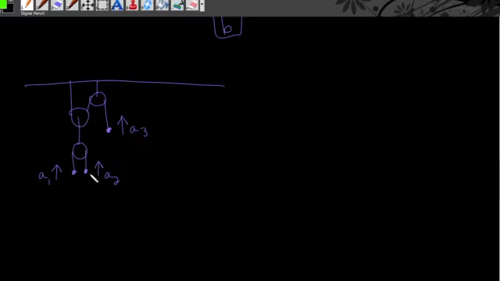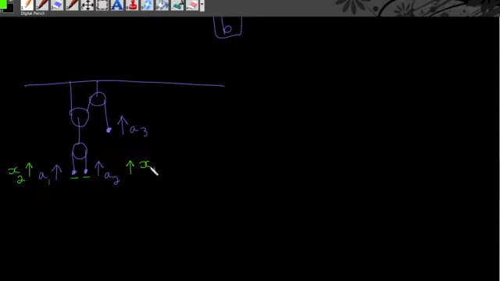So let's say that this mass moves upwards by some displacement x sub 1. And the left mass moves up by some distance x sub 2.